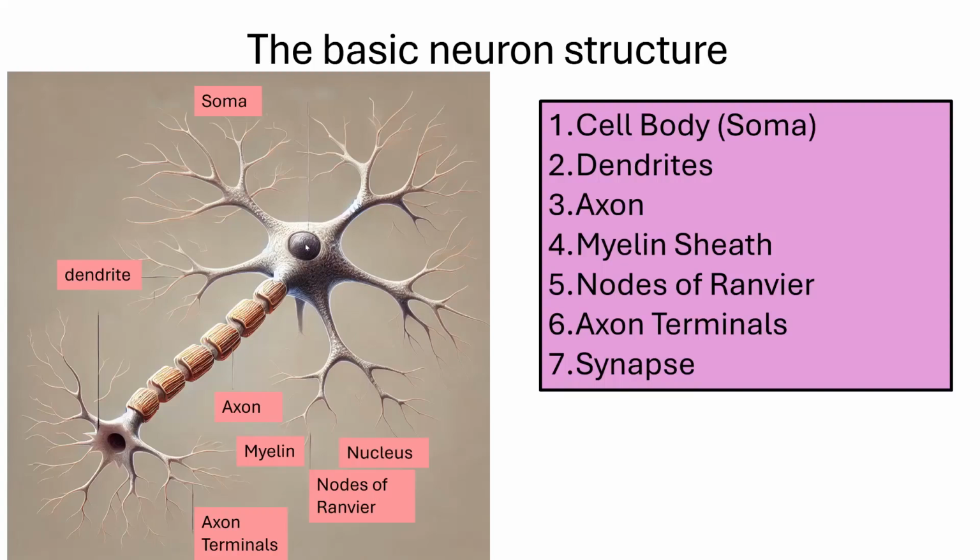This specific circular part at the center of the cell body is the nucleus, which is very important. It is the core of the nervous system. You see here that long prolongation, which is the axon.